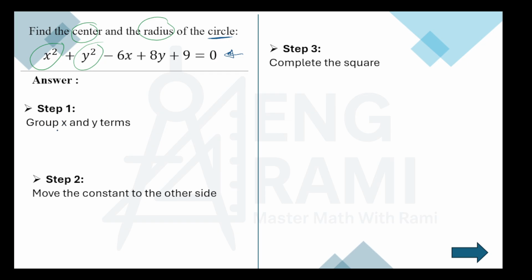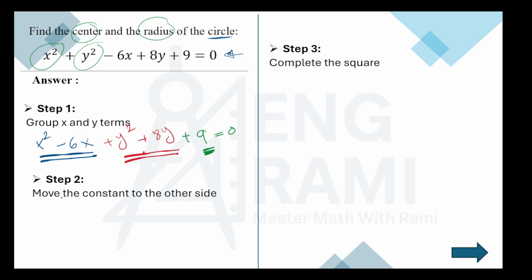For step 1, group x and y terms. We have x squared minus 6x plus y squared plus 8y plus 9 equals 0. What we did is just group the x variables together, the y variables together, and the constant together. This is the first step.